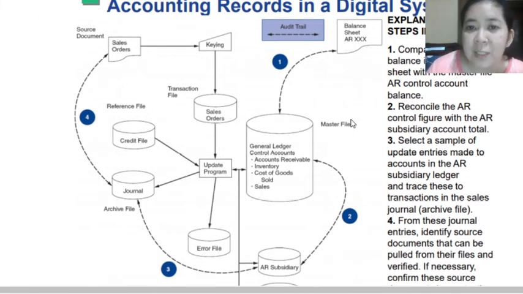So the first step is we will compare the accounts receivable balance in the balance sheet with the master file and the accounting record or accounts receivable control account balance. This is to make sure that they reconcile. This is just linking of the different accounts and their location, so error is minimized because this is digital.